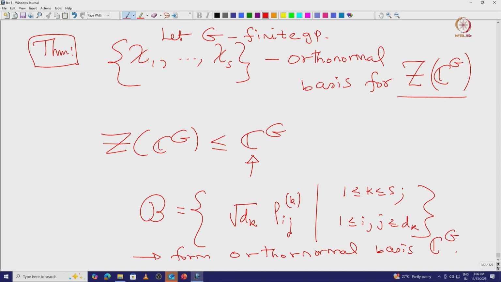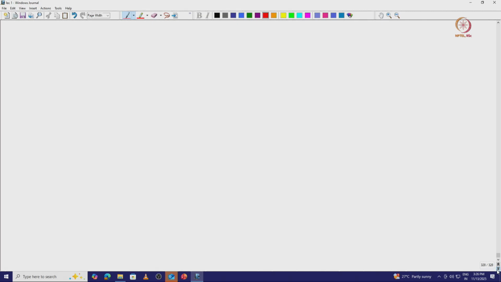Now if we start with some element f in this Z of C G, then definitely f is going to be in C G. That means we will be able to write that f as a linear combination of these rho i j k. We write it down explicitly and use the fact that f is a class function to derive that f can be written as a linear combination of characters.